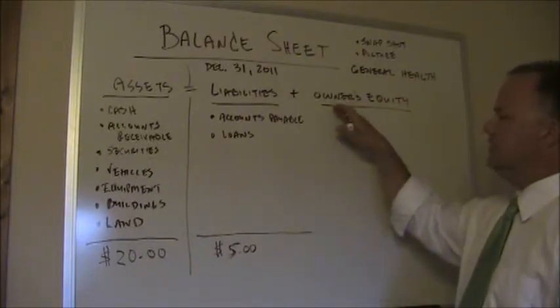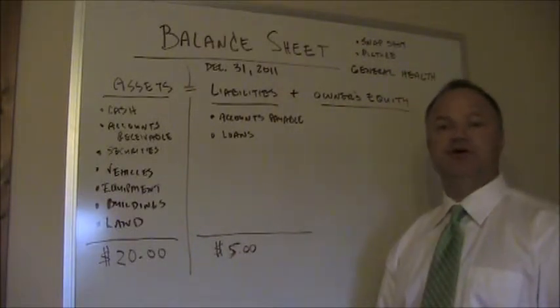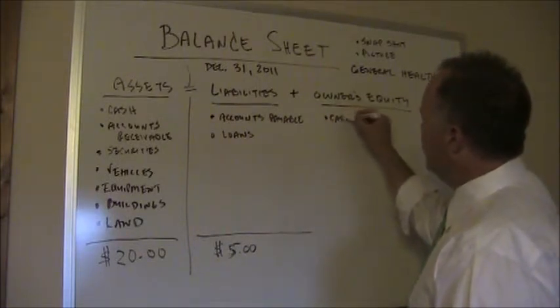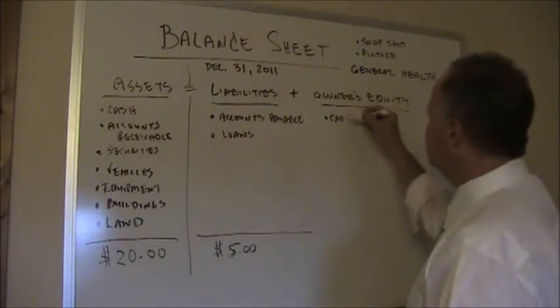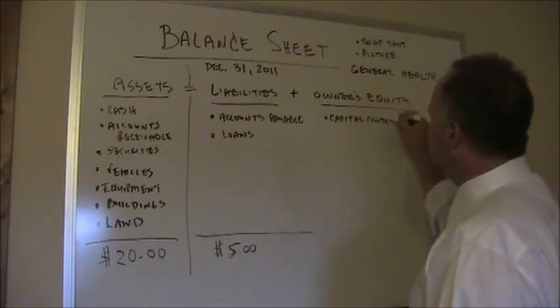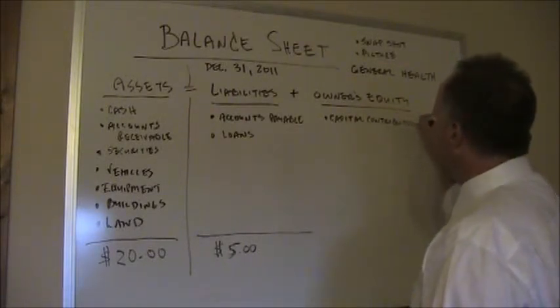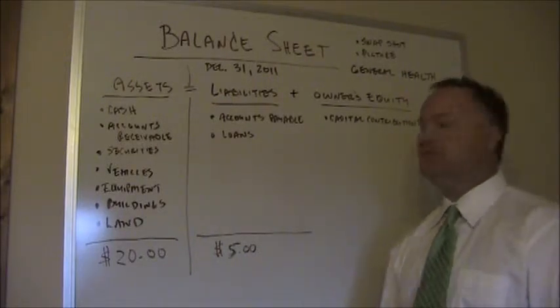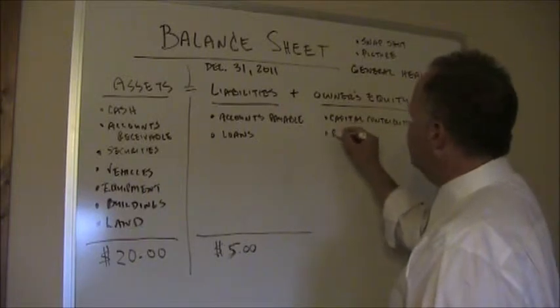The last part of this equation is our shareholders' equity, our owner's equity. That's going to be made up of any capital contributions, any money you would have put into the company at the start of the business, and our retained earnings.